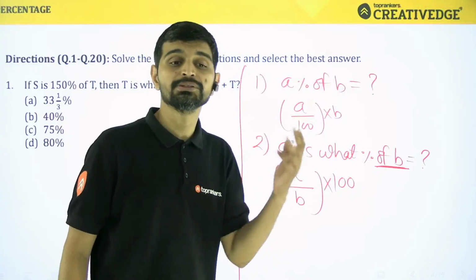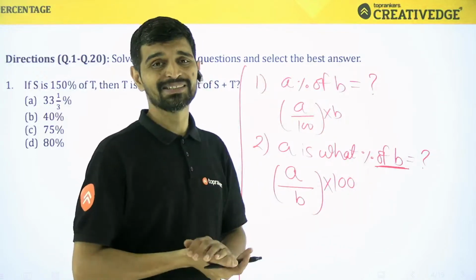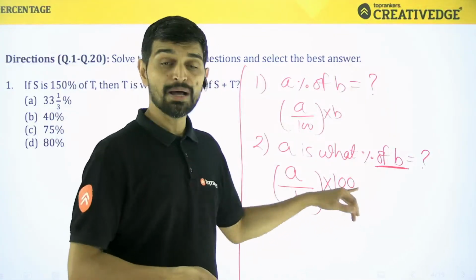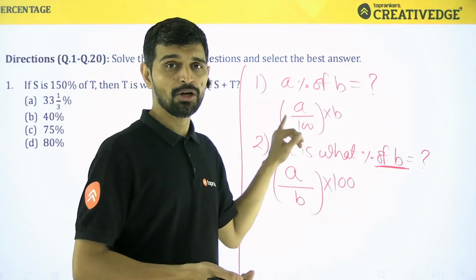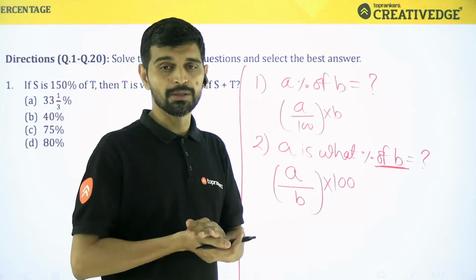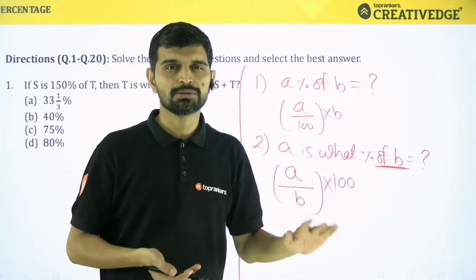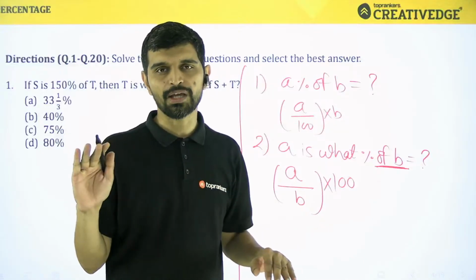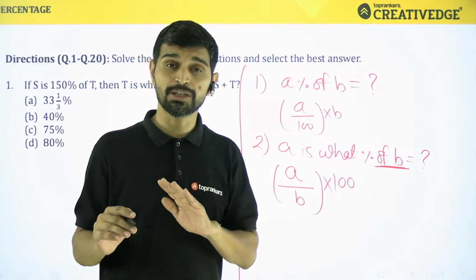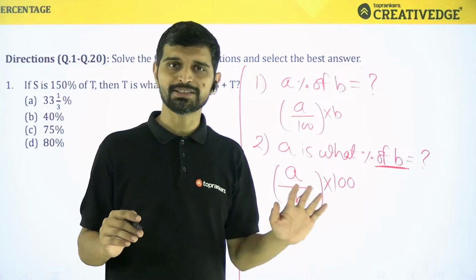A is what percent of B. Whenever there is something like this, you have to compare the number with the reference and convert it into percentage. So this number 100 will come to the numerator, it will not remain in the denominator. The difference between the two is to be observed. If you are able to understand and identify this properly, trust me on this, you will never ever fail to solve a question on percentage. You will not get a percentage question wrong if you understand this basic difference between the two very well.